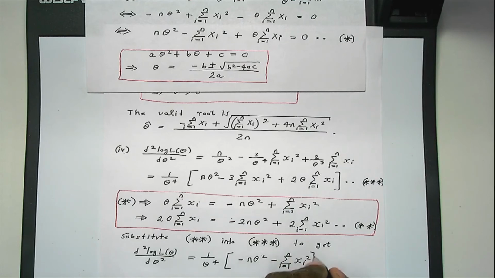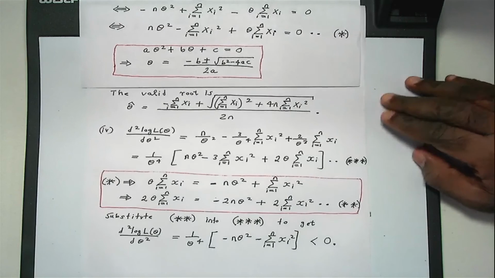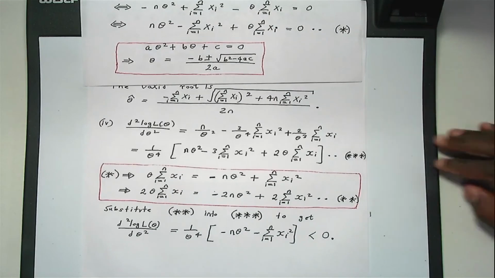Clearly this is a negative number, because you have minus here and minus here, and xi squared cannot be negative, it must be non-negative. So this whole thing is negative. Hence we have shown that the second order derivative is negative.